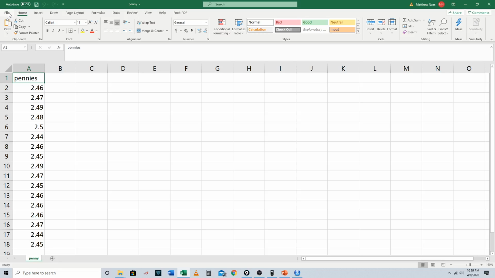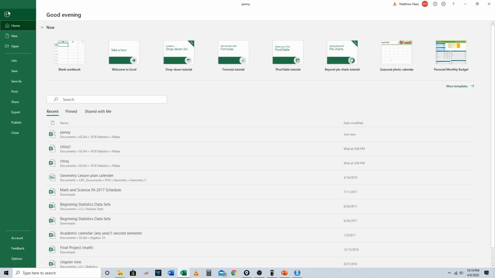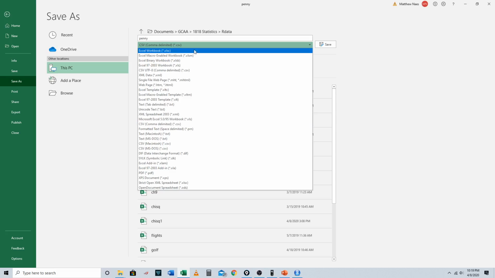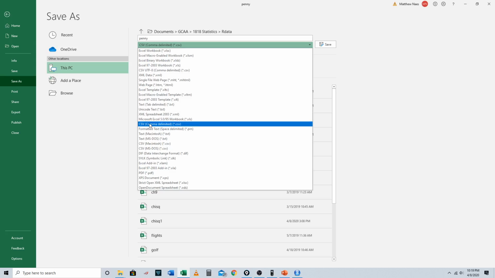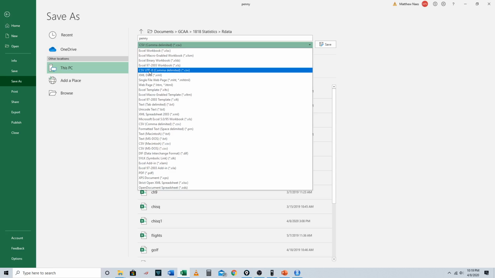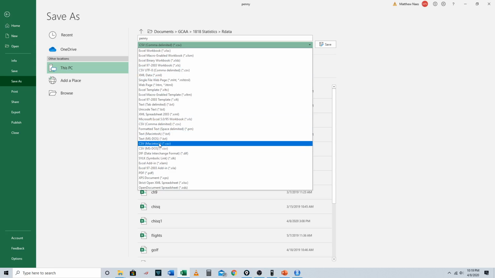So when you do save your Excel files, so file, save as, make sure that you don't choose workbook like we've been doing. Okay, you want to use CSV, and you've got to be careful because there's 4 different options. There's CSV UTF, which I don't know what that is. And then there's CSV Macintosh and CSV MS-DOS. I don't know what those are either.